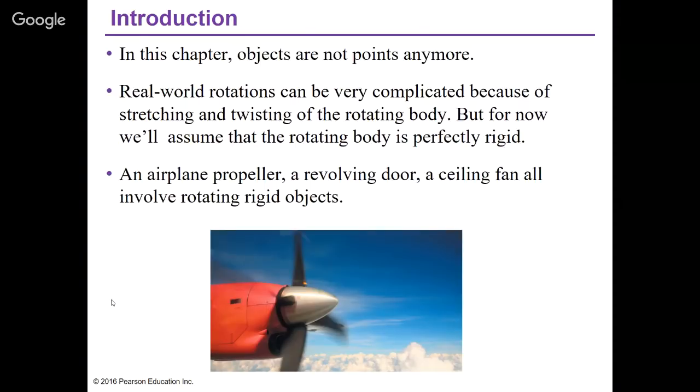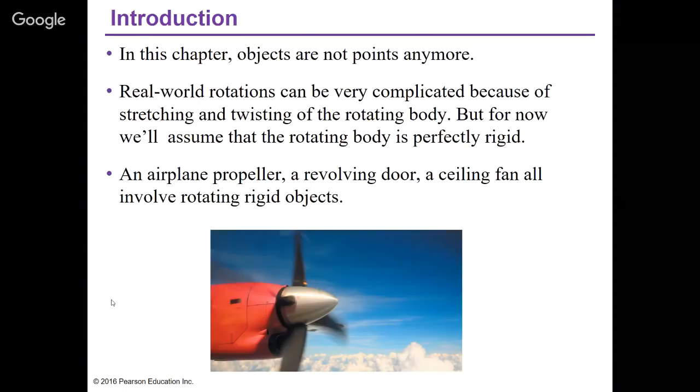This would be the assumption throughout this chapter. There are many examples of perfectly rigid objects that are rotating, for example, airplane propellers, a revolving door, a ceiling fan. All of these are perfectly rigid bodies that have rotating motions.